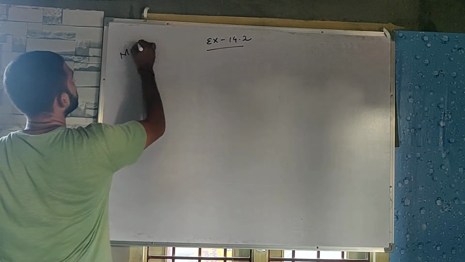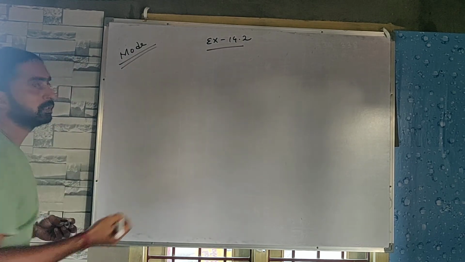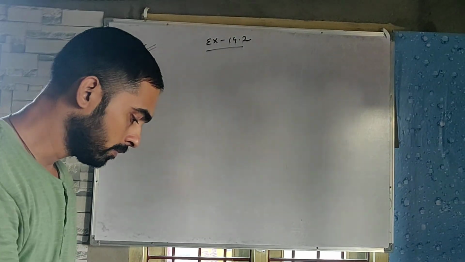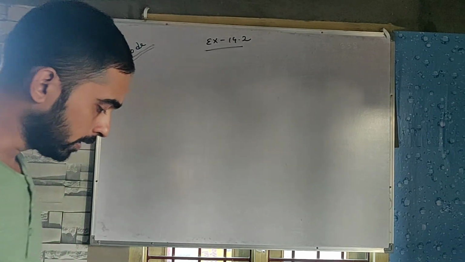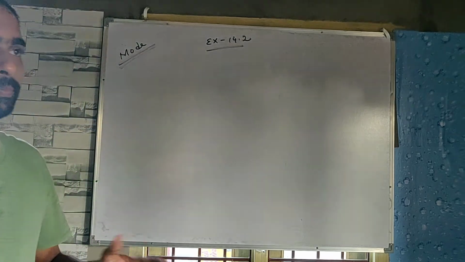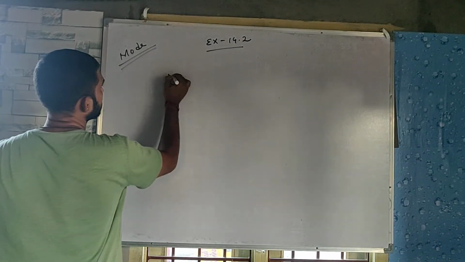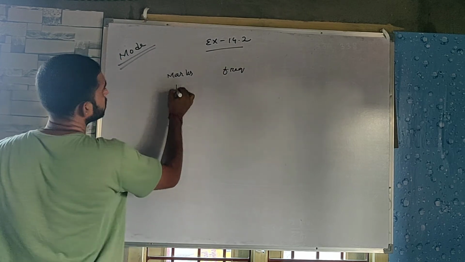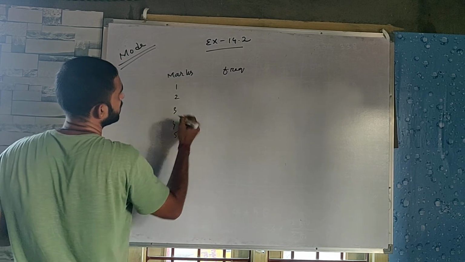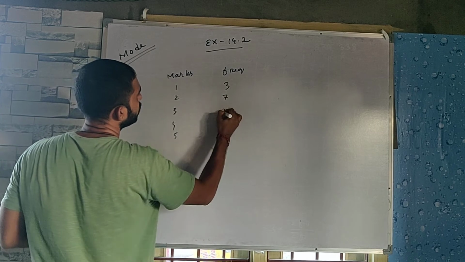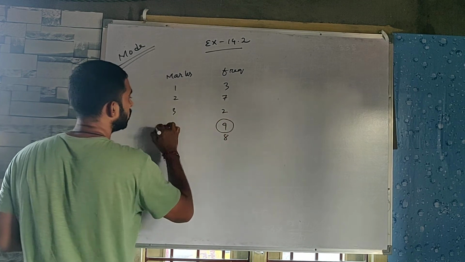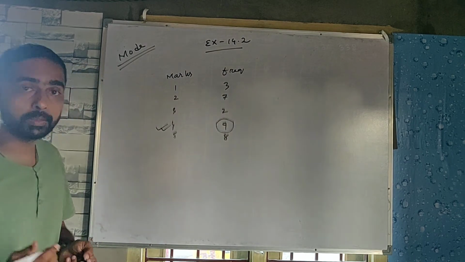Mode means the number with the highest frequency. Suppose a class was held with marks 1, 2, 3, 4, 5 and frequencies 3, 7, 2, 9, 8. The highest frequency is 9, so the mode will be 4. This is a simple concept.